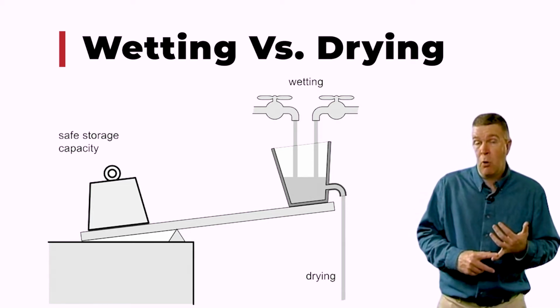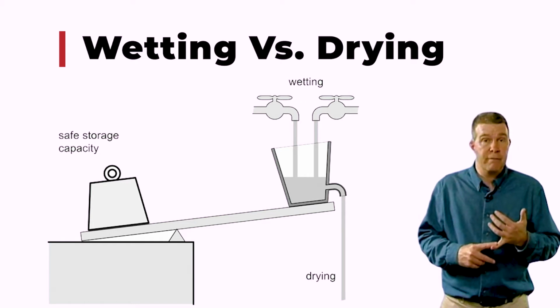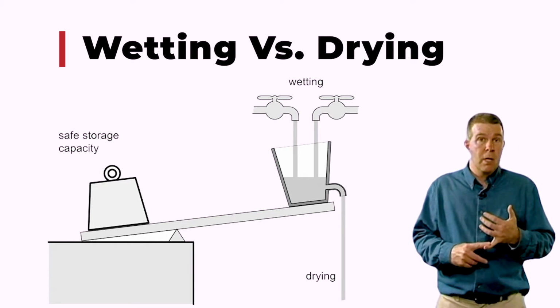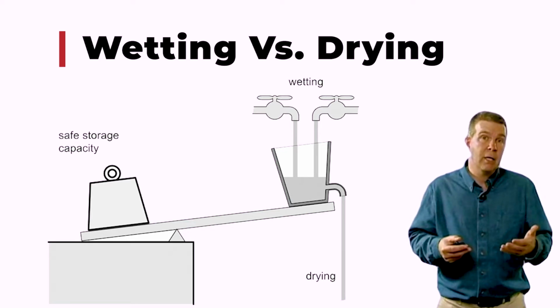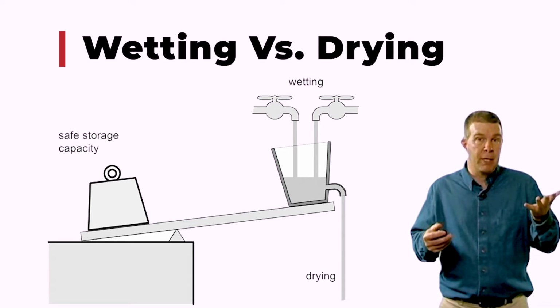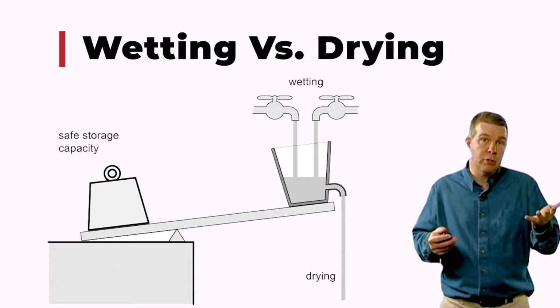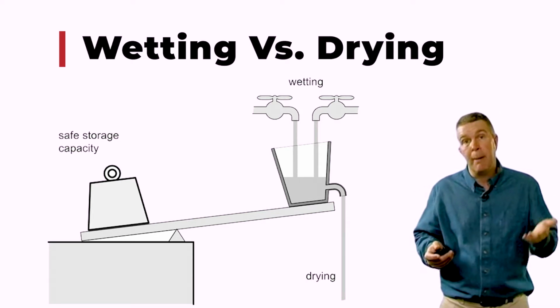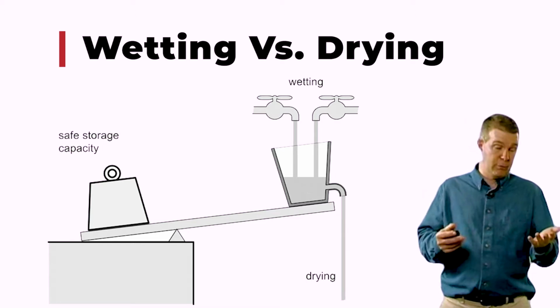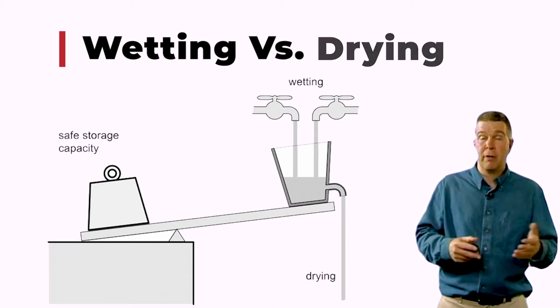OSB has the ability to hold a certain amount of water, as does the foam that makes up SIPs. The point is we don't want that rate of wetting to exceed the rate of drying and exceed its ability to hold that moisture in storage, because once we exceed that, we've tipped the balance and bad things start to happen. And that comes in the form of mold or mildew or rot and things of that nature.